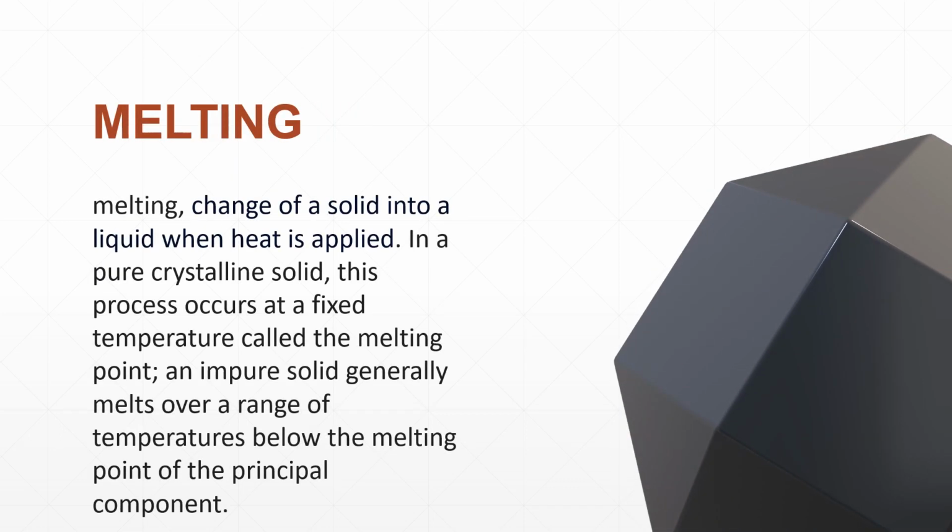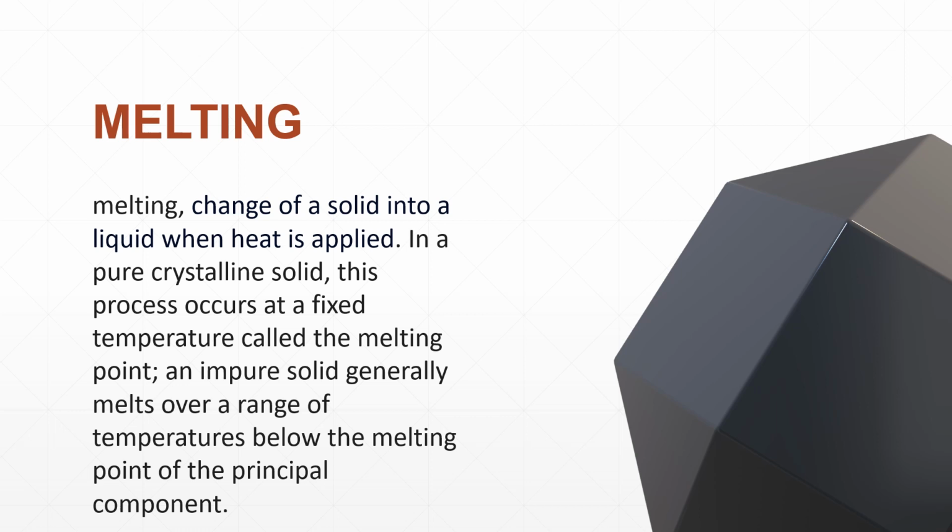After that, melting. We know that every solid has its own melting point. So here also heat is applied. Now let me tell you a difference: melting and expansion have a huge difference. In melting, we are changing the state of matter. We are transferring it from the solid state to the liquid state or the gas state.